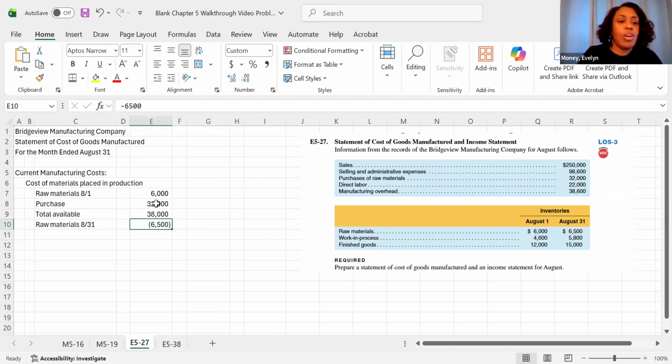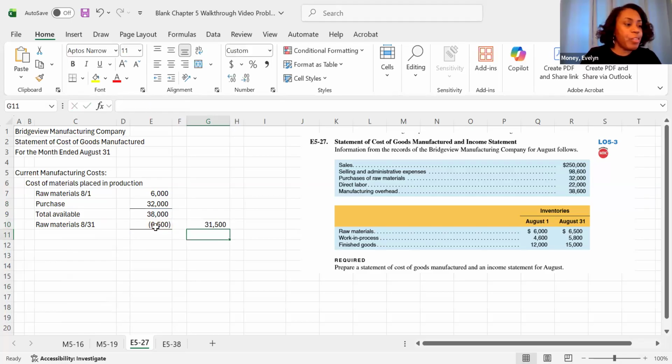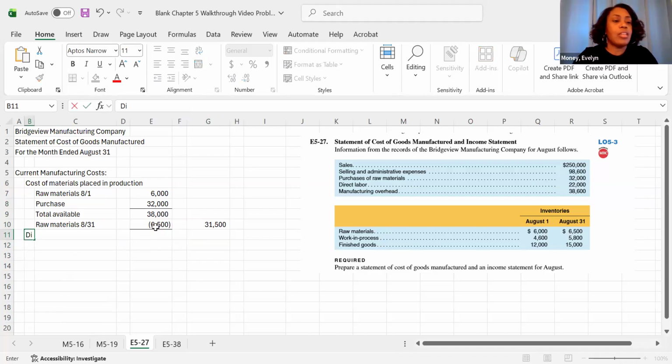And then let me put in a single underline, another single underline. And then we're going to do the math here for the total available minus the raw materials. Now, that number represents the raw materials used during production.